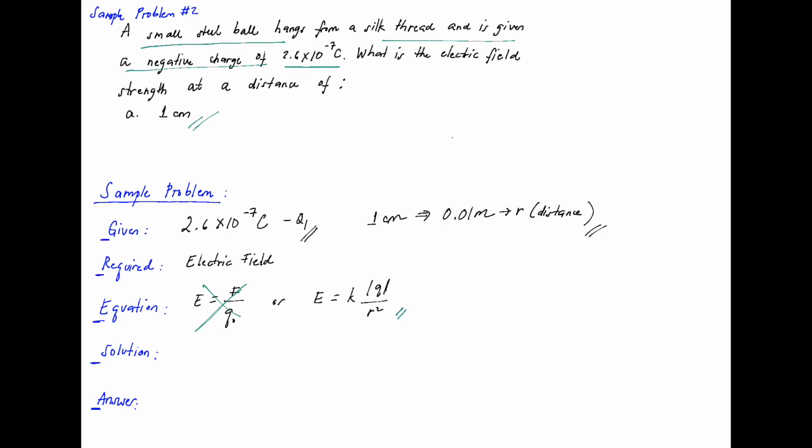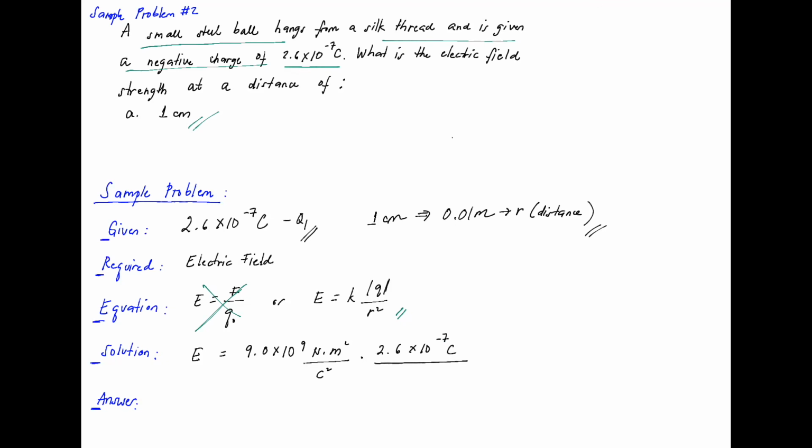Now, for our solution, we have here E equals the value of K, which is 9 times 10 raised to 9 Newton times meter squared over coulomb squared. For the value of the charge, we have here 2.6 times 10 raised to negative 7 coulomb.